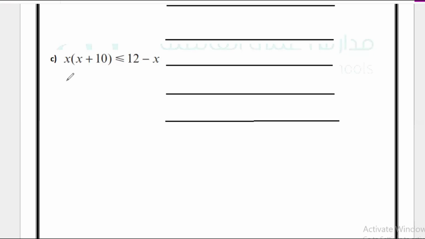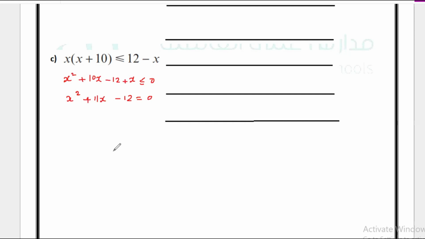Again, we simplify first, like x squared plus 10x minus 12 plus x less than or equal to 0. So this gives me x squared plus 11x minus 12. I'm writing it in equation form so that we can find the x values. Remember that here our product is -12 and the sum is 11x. So which two numbers multiply to give -12 and add to give 11?